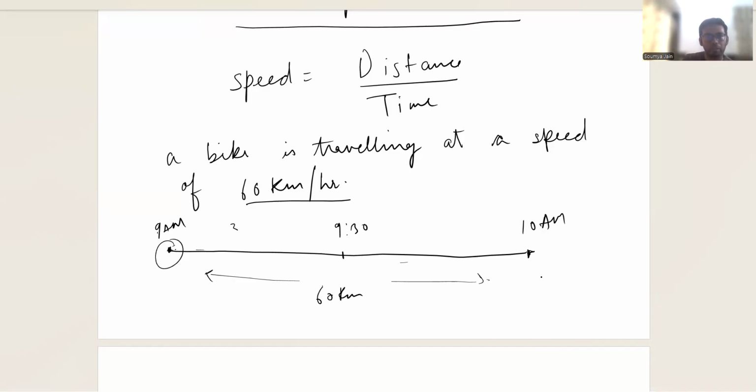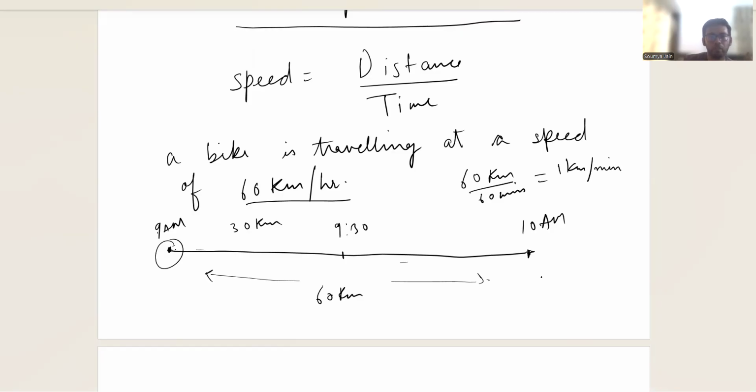So this will be 30 kilometers. And to make the working and calculation part even easier, you can imagine that the speed is 60 kilometer per hour, so I can write this as 60 kilometer per 60 minutes also. In 1 minute, the person travels 1 kilometer.